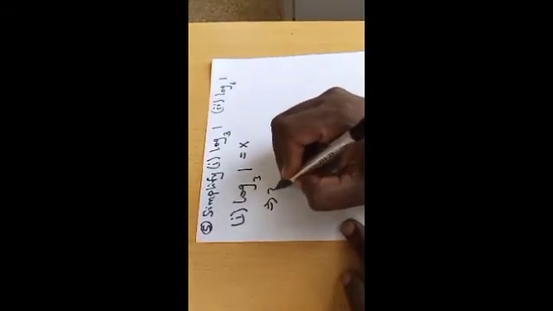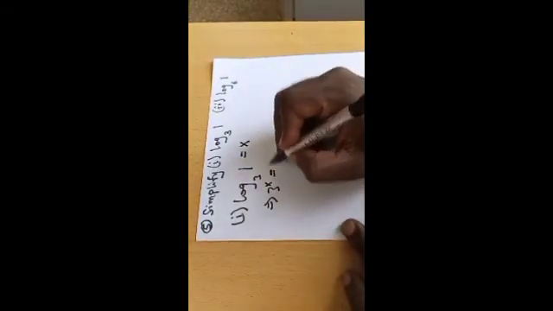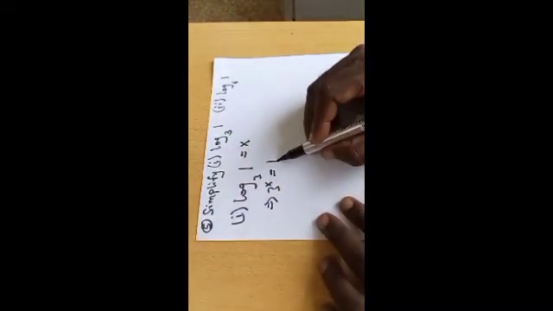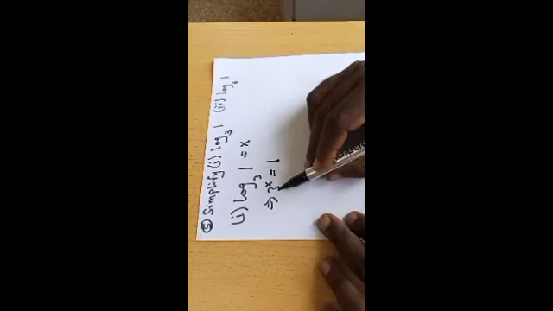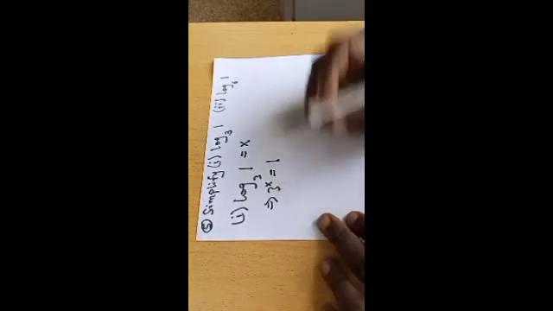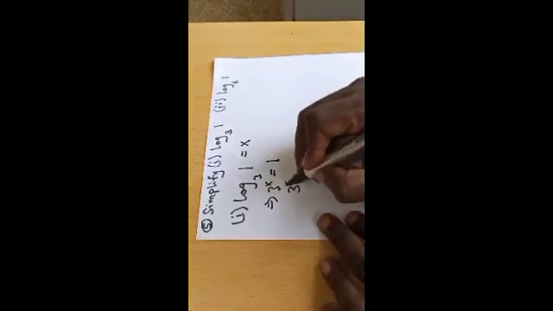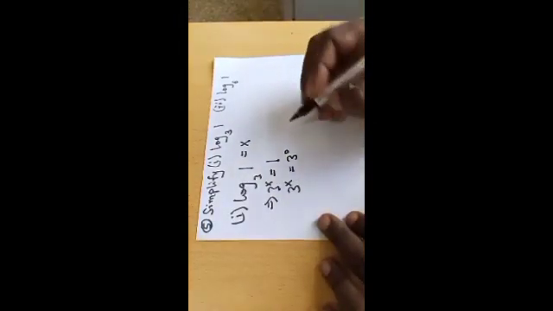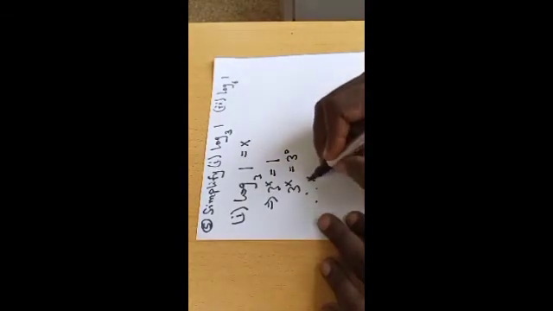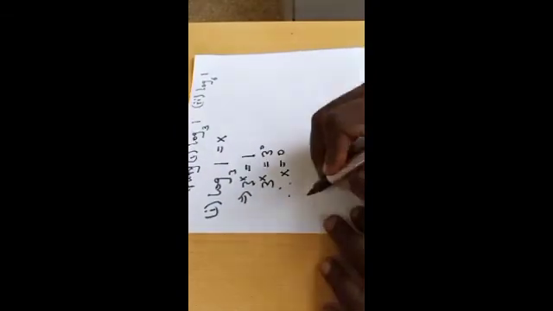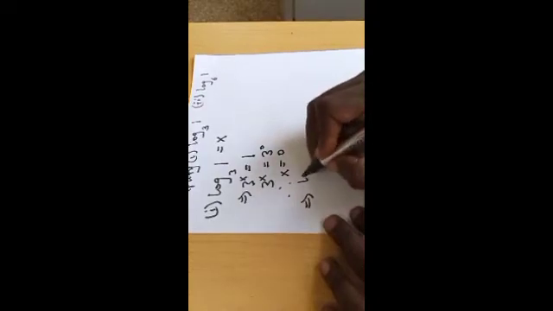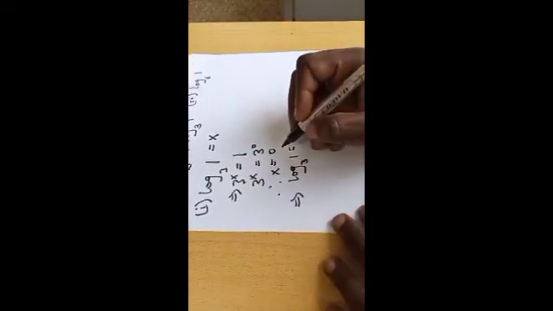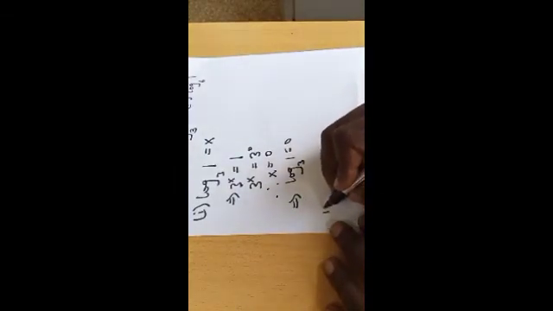This implies 3 to the power x is equal to 1. So we need to express this number over here, 1, in terms of what base? 3. And so this is going to give us 3 to the power x is equal to 3 to the power 0. Therefore, our x will be equal to 0, which implies that log base 3 of 1 is equal to 0.